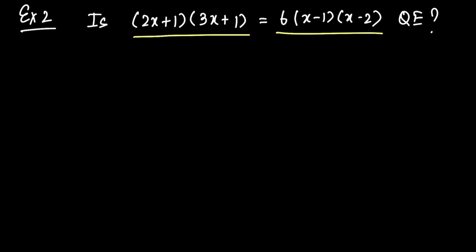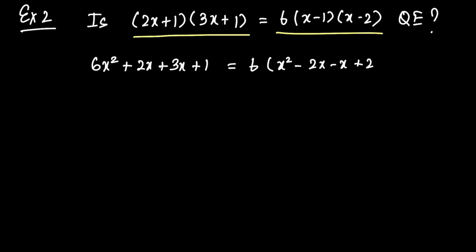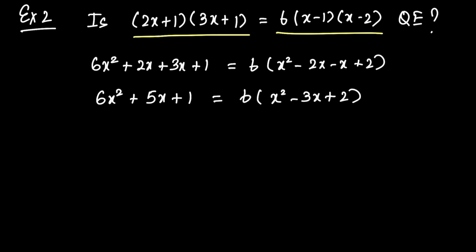Just expand it. This becomes 6x square plus 2x plus 3x plus 1 equal to b into x square minus 2x minus x plus 2. 6x square plus 5x plus 1 equal to b multiply (x square minus 3x plus 2). 6x square plus 5x plus 1 equals b x square minus 3bx plus 2b, right?